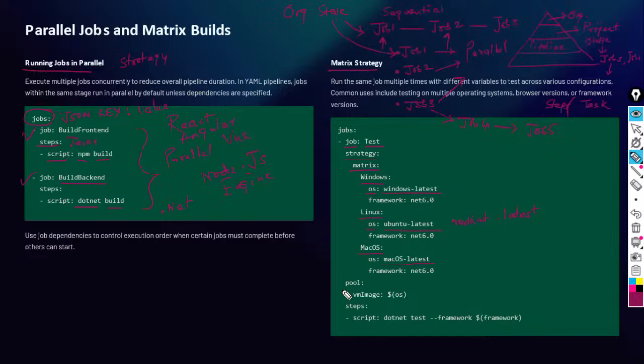And the pool. Pool is nothing but your VMs or virtual machines that you are going to use, or the servers, the virtual servers. And this server is provided by whom?